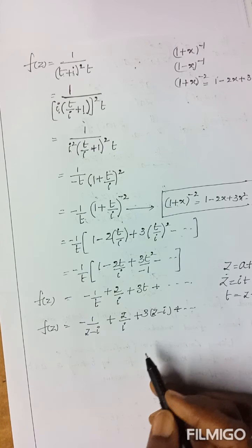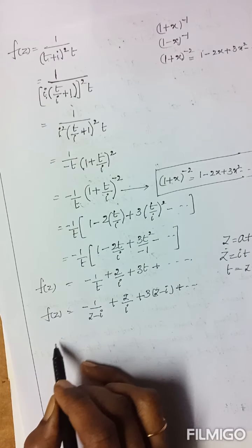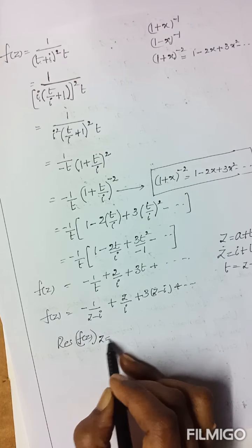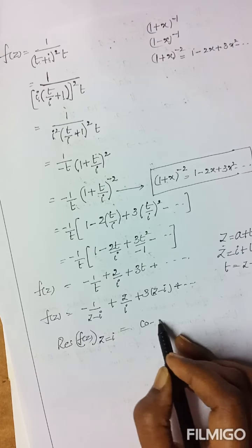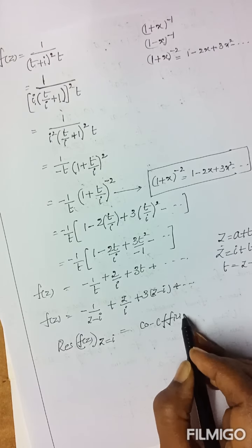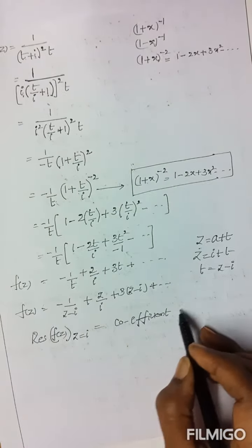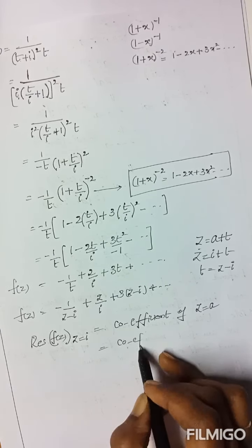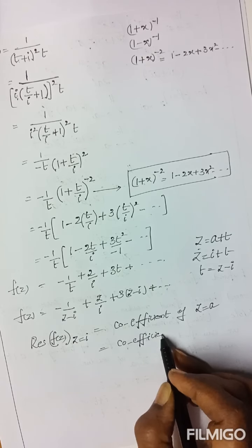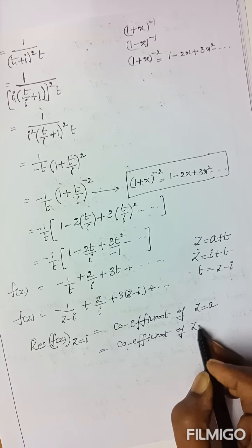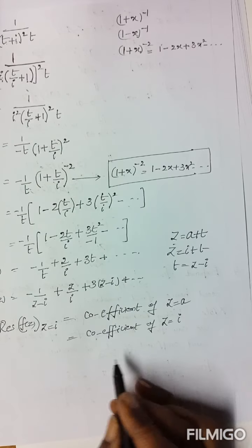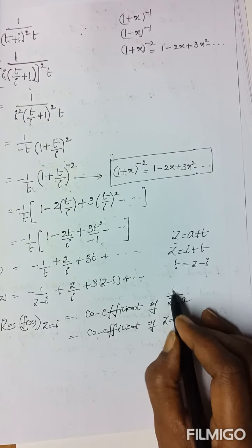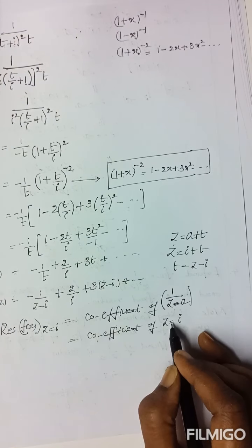As per procedure, from this expansion we can write the residue of f of z at z equal to i as the coefficient of 1 by (z minus a), where z equal to a is the present point.